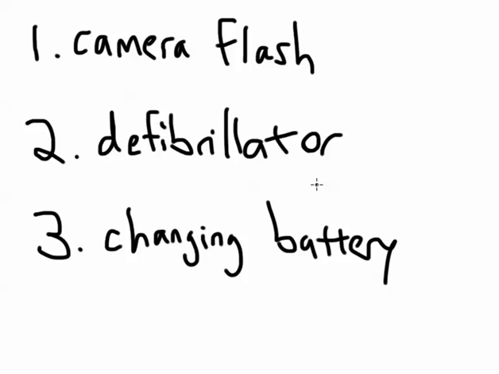So it needs to store some energy while you remove the battery. So where will it store that energy? One place it could store that energy is a capacitor. So it might just be able to store enough energy to keep operating for a few seconds while you change the battery on a capacitor.